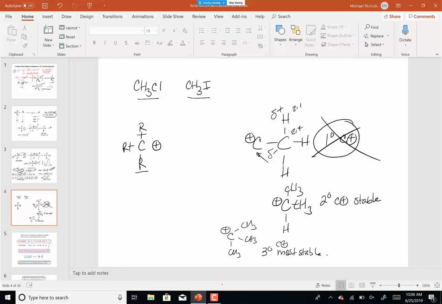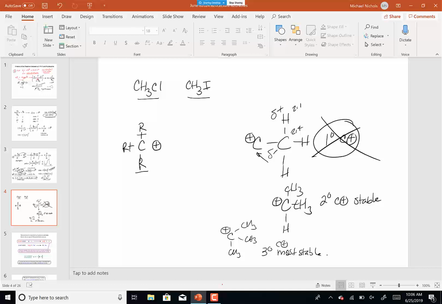Tertiary, it can't attack because there's too much steric hindrance. So what happens? It's got to wait for the tertiary carbon to lose its leaving group and form a carbocation, and then it can attack. Will I get the same product? Yes. But I'll do it by a different mechanism.